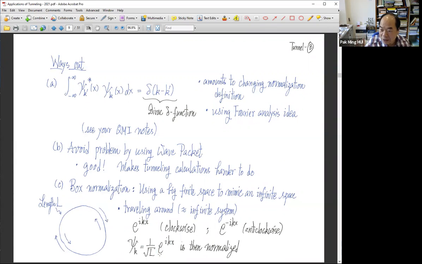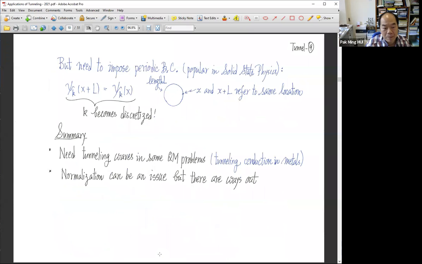So normalization becomes okay. For those who have worked on this particular normalization method, there's a price to pay. The price to pay is that you have to impose one further boundary condition.